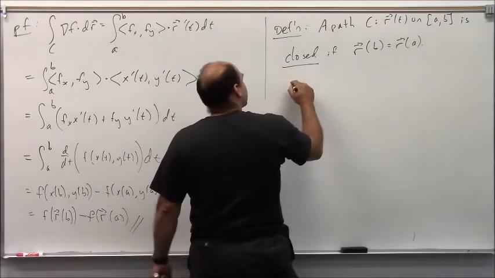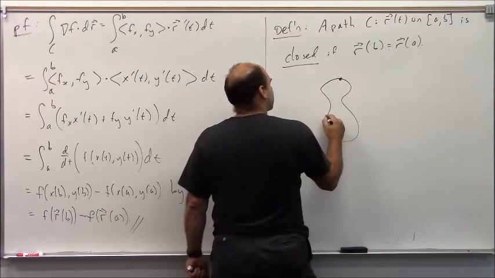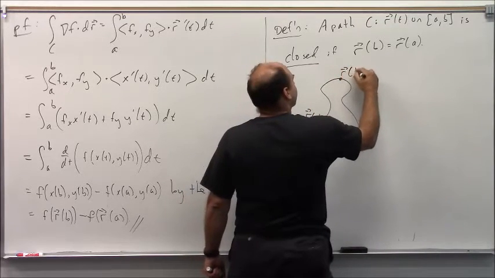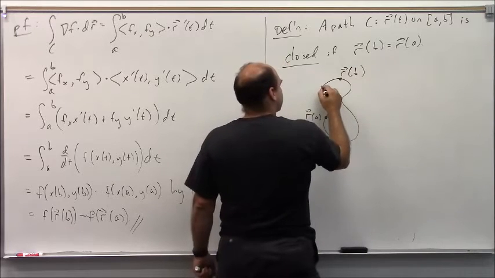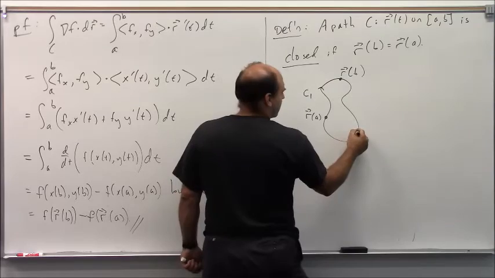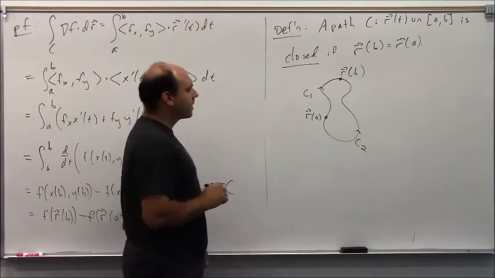So let's suppose that we have a curve like this. Here's r of a, here is r of b, and C1 takes us that way, and C2 takes us around that way.